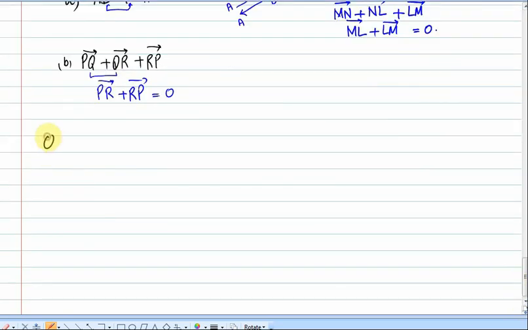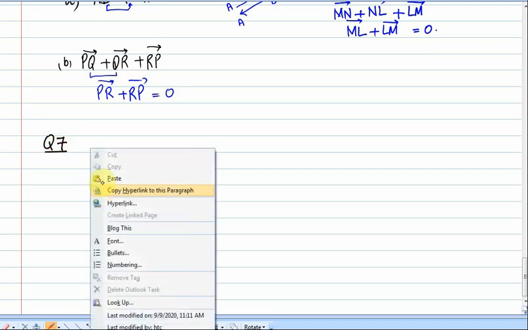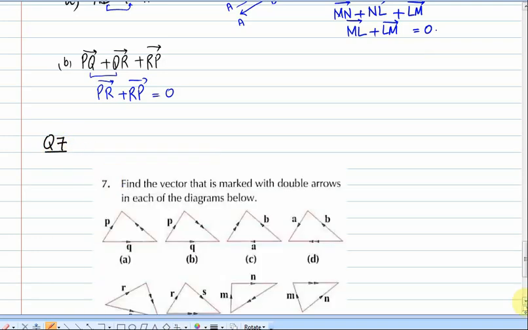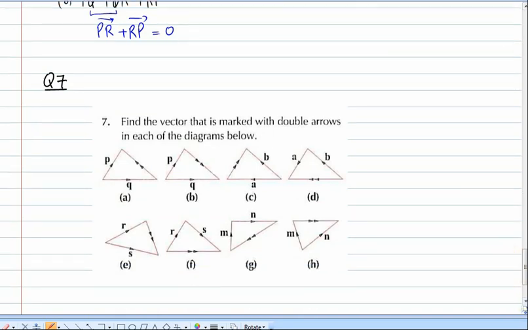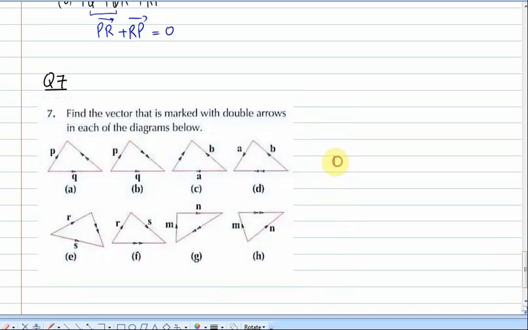Moving on to the next question, question number 7. Now you can see a diagram of 8 parts on your screen. It says find the vector marked with the double arrows in each of the following.